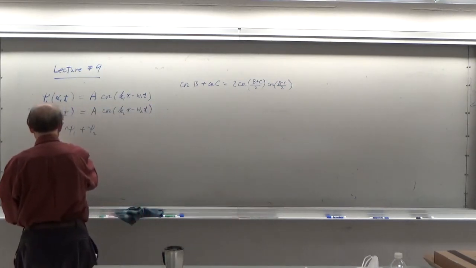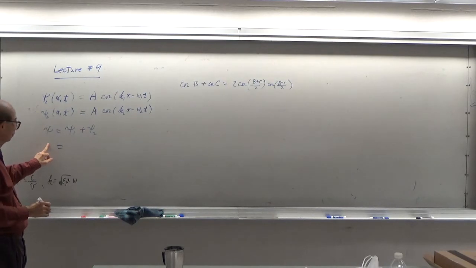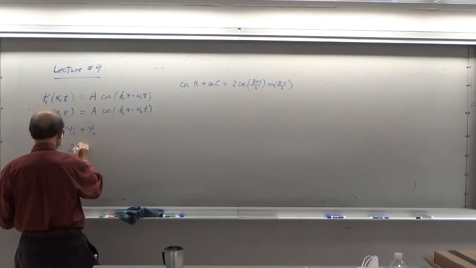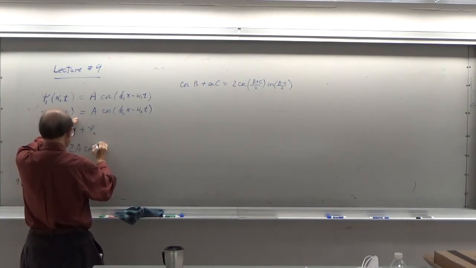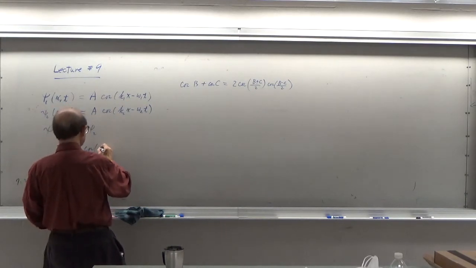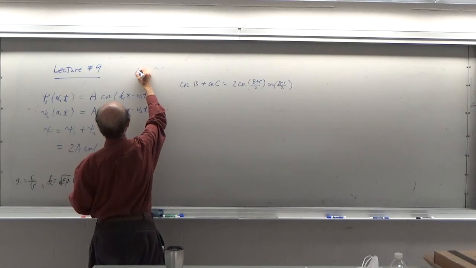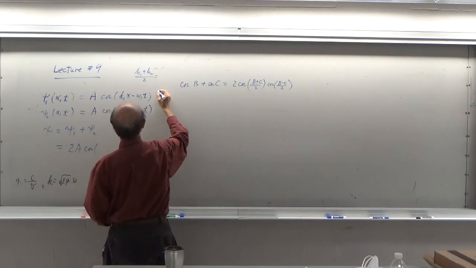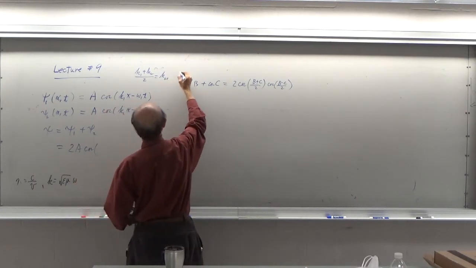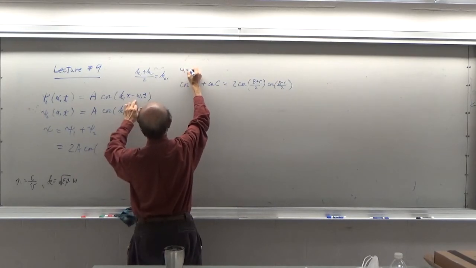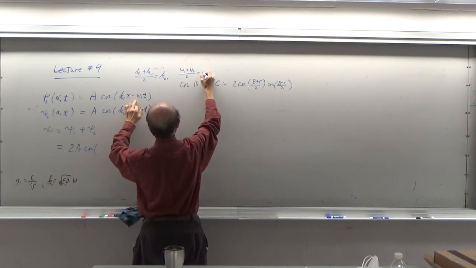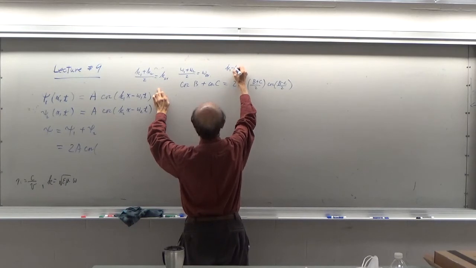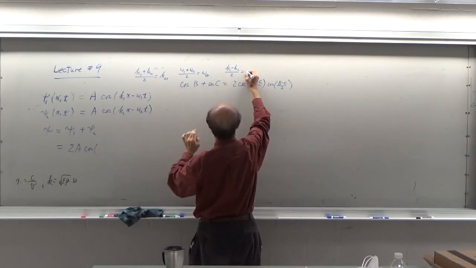So the total wave from the superposition of both of these is given by 2A cosine of, let me call k1 plus k2 half of it to be k average, and omega 1 plus omega 2 divided by 2 to be omega average, whereas k1 minus k2 half, I will call this k sub mod.